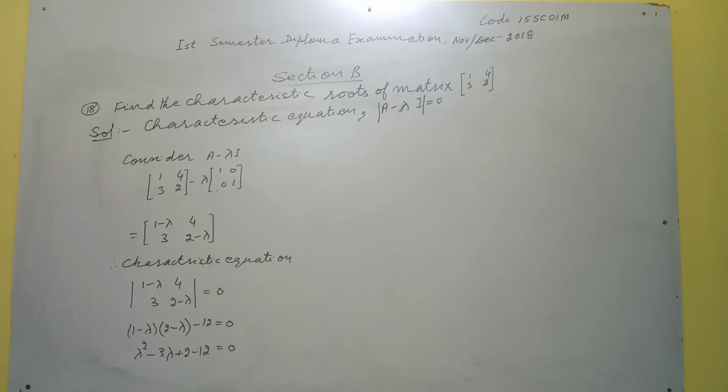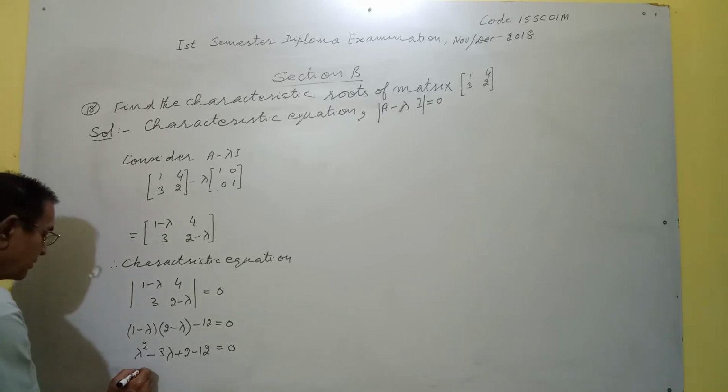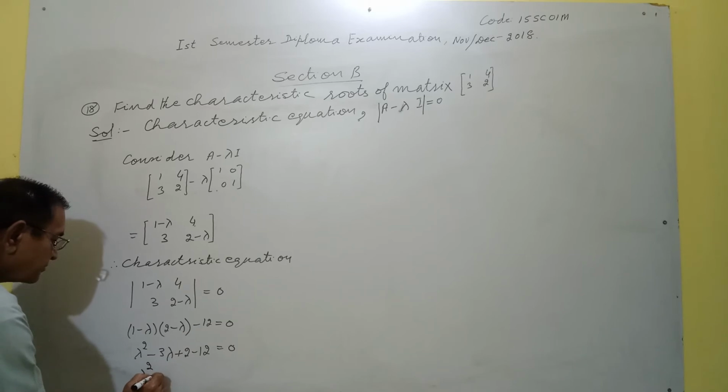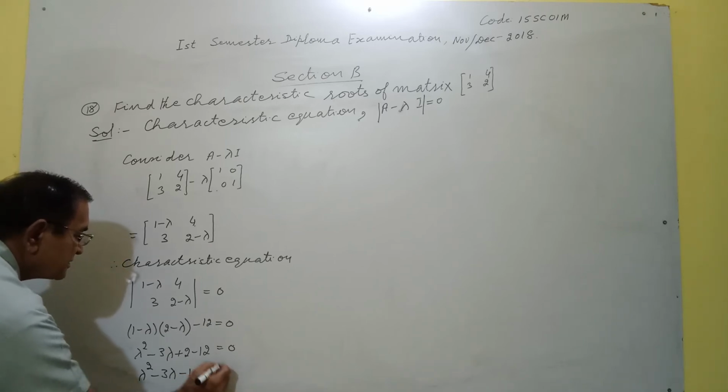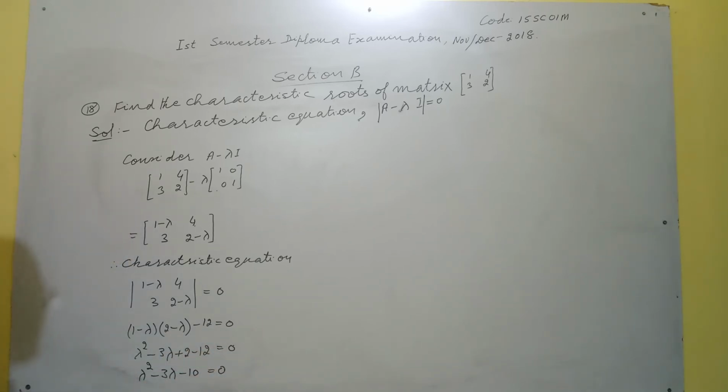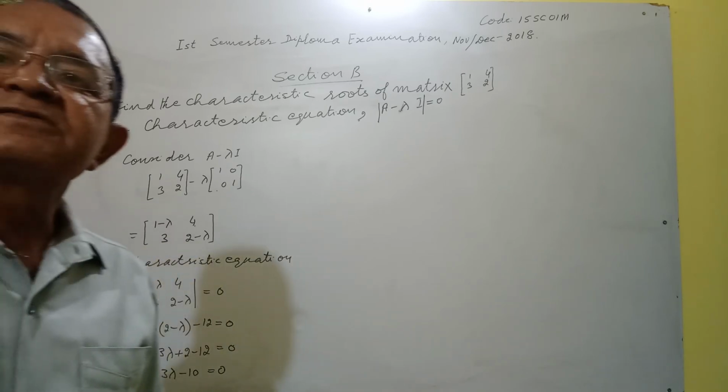So overall we will get lambda square minus 3 lambda minus 10 equals 0. This is what we will get after solving it.